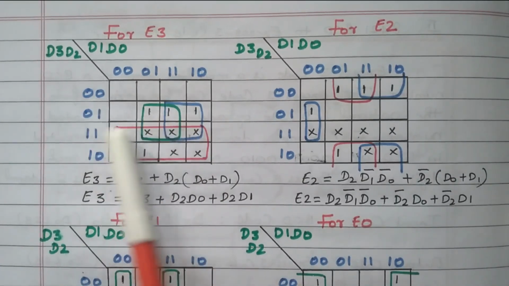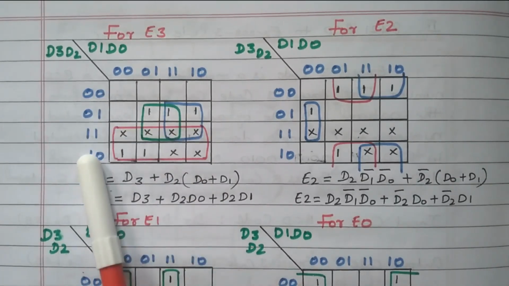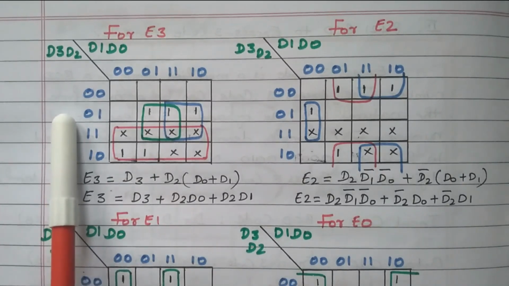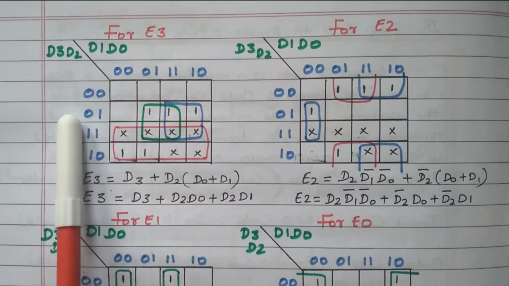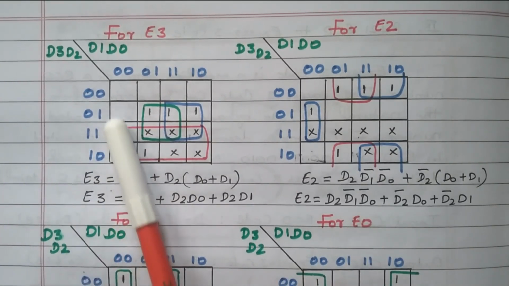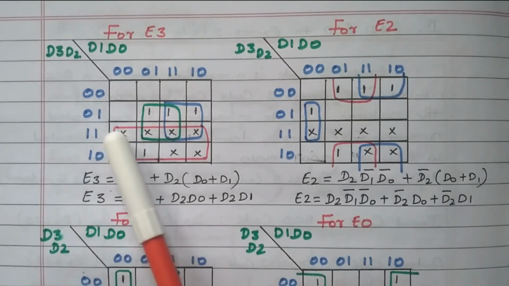What is available in the second row and third row? 0, 0, 1, 1. See, the first number here is 0 and here 1, so it got cancelled. The second number, 1, is available in both the second row and third row, so it is commonly available. What is the second number?